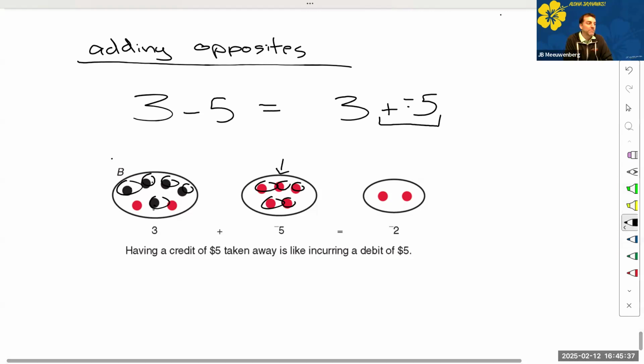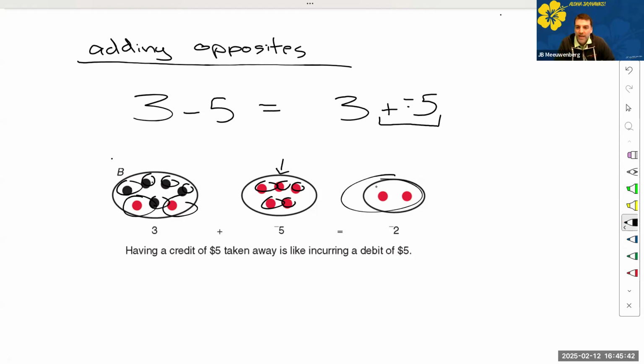And what we're left with would just be the 2 red tiles, the 2 negatives. And so this is thought of, again, as I'm starting with $3 but I'm adding on $5 of debt. So instead of thinking about it like taking 5 positives away, you can think of it as adding 5 negatives to your pile. And so that's what the idea of adding opposites is.